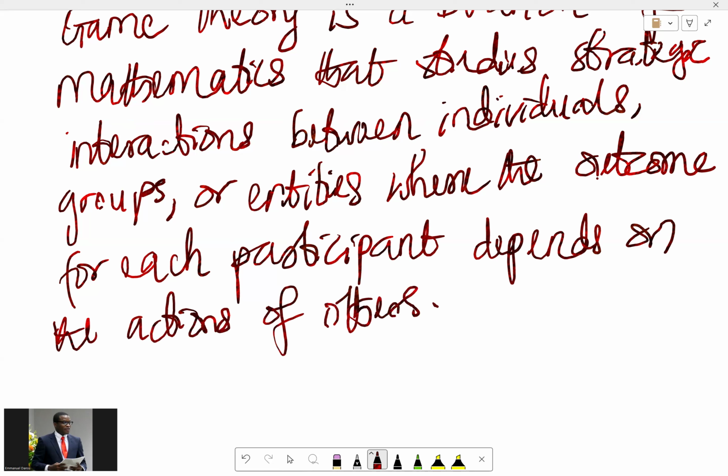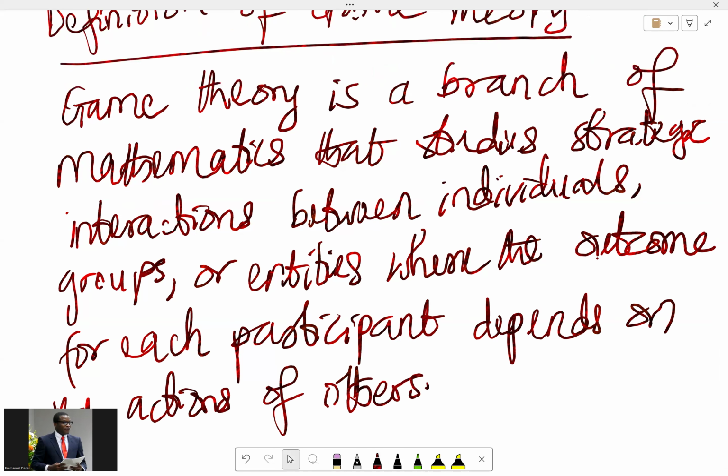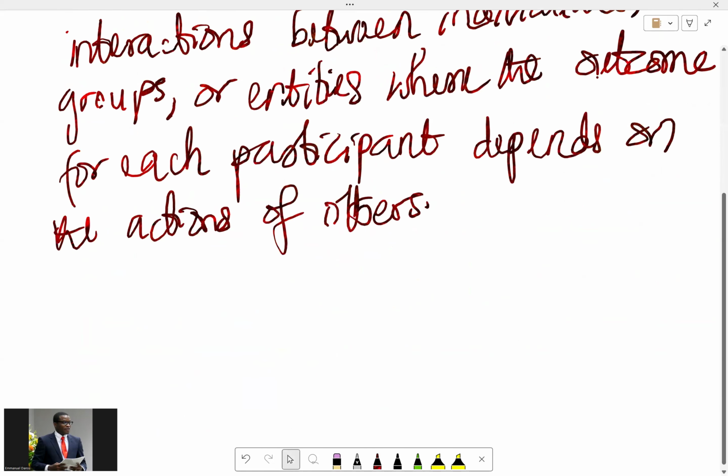So it's more like the fate of everybody involved depends on everybody involved. That's the basic idea of games. So it's not a situation where you get to determine what happens, right? Whatever happens to you is determined by you and other people interacting.